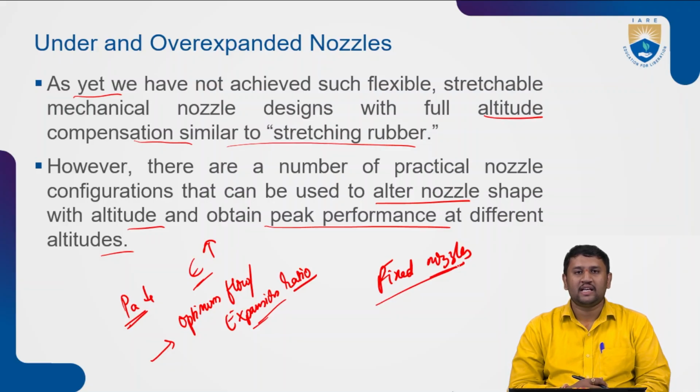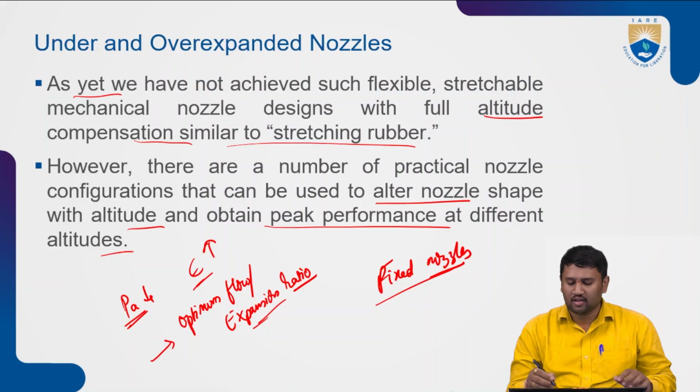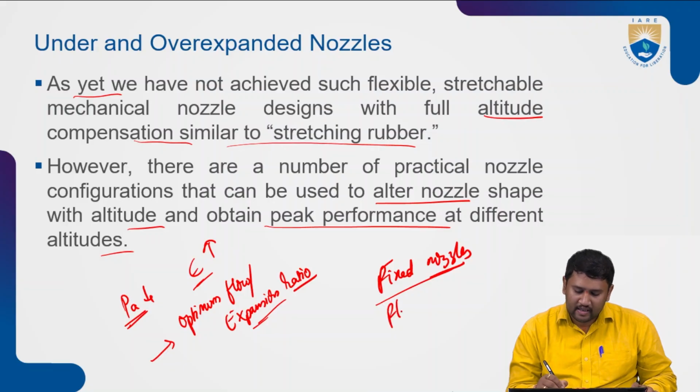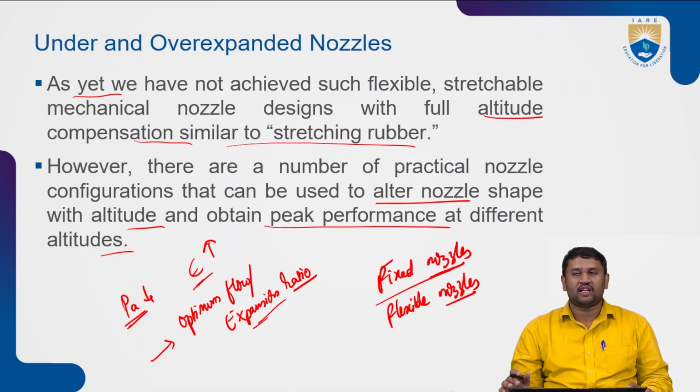right? So currently a small research effort is going on in order to create flexible nozzles. We will discuss this further to understand what types of nozzles can be applied on the flexible side.